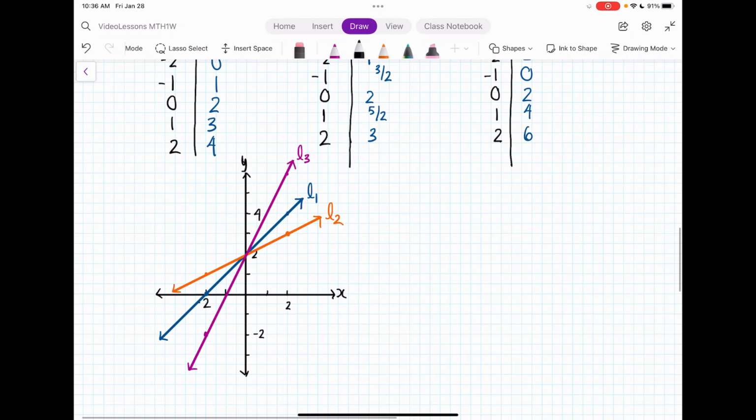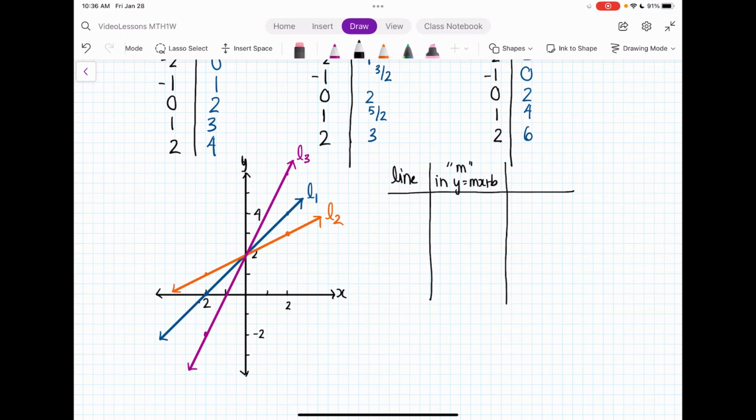So we're going to have a similar table to what we had. So we'll write out our line.